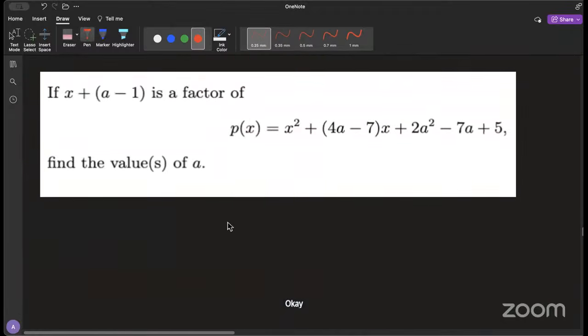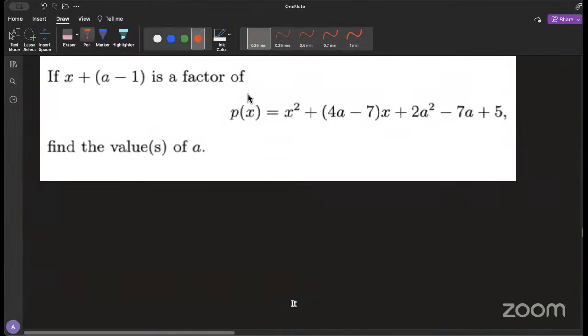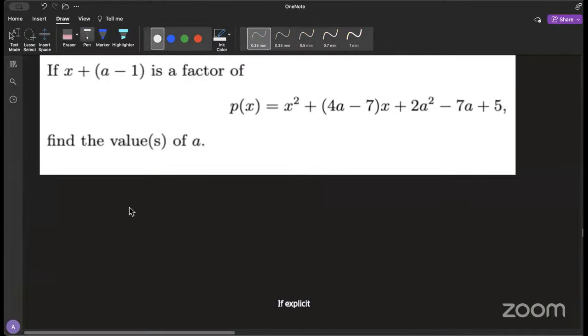Okay. So this is the next question. It says x plus a minus 1 is a factor of this polynomial. You have to find the value of a. So if this is a factor, then we use the factor theorem. What should happen then? If x minus a is a factor of p of x, then p of a is 0, right?